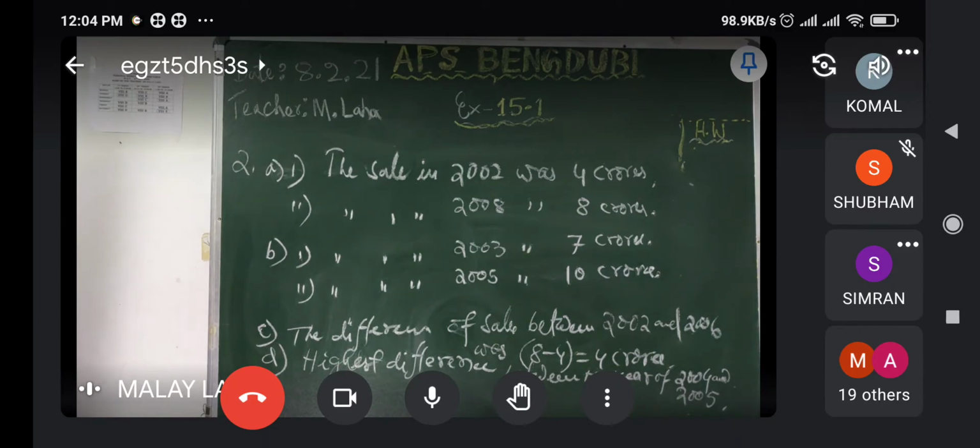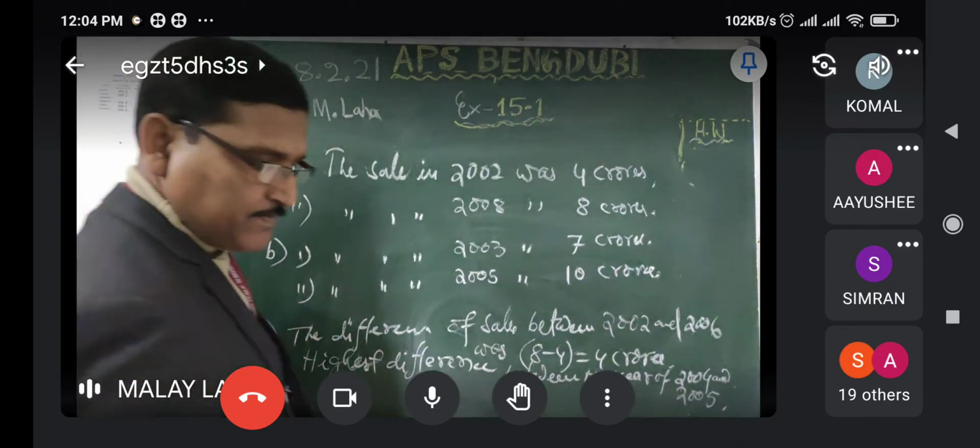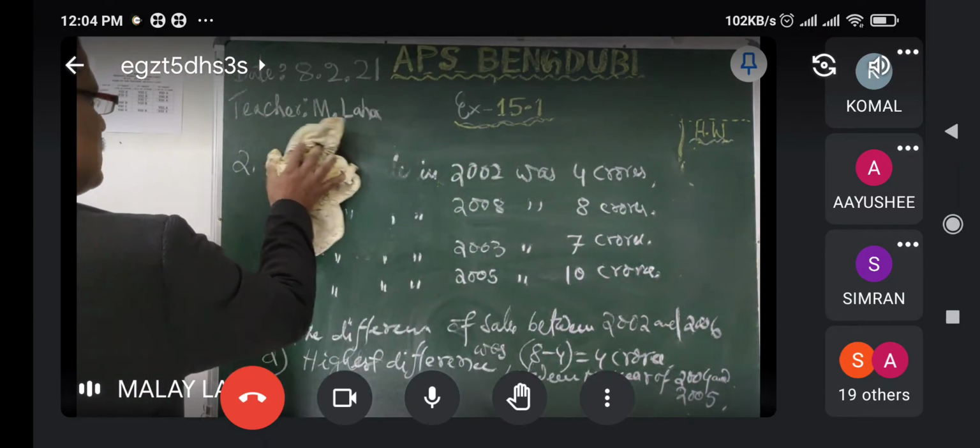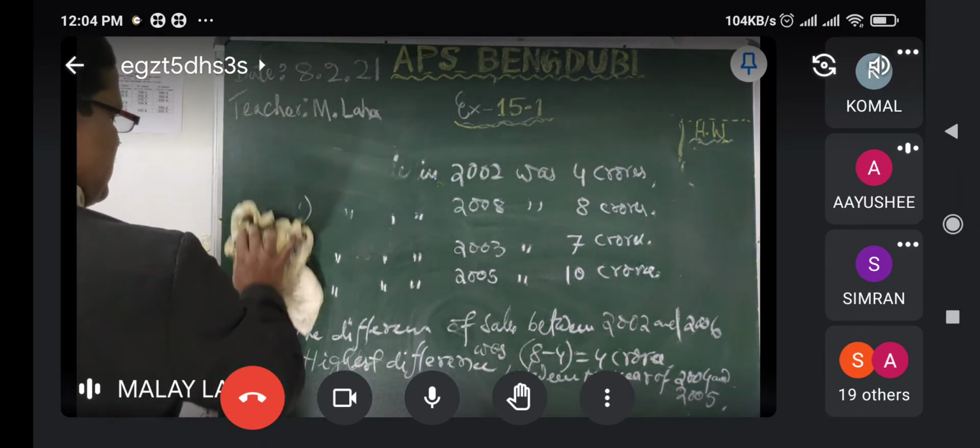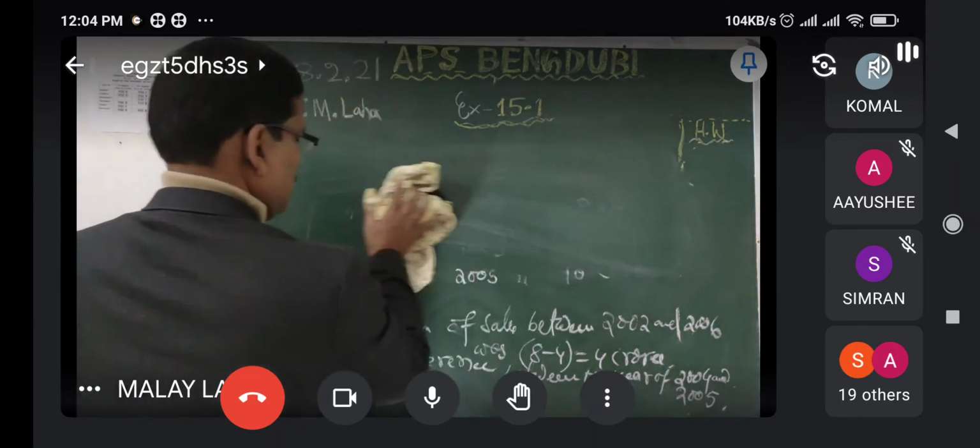Okay, you can show the result also. 2004 and 2005. So this is very simple type of calculation and representation. You can do it alone. कोई problem नहीं होना चाहिए. You can do it. Okay.